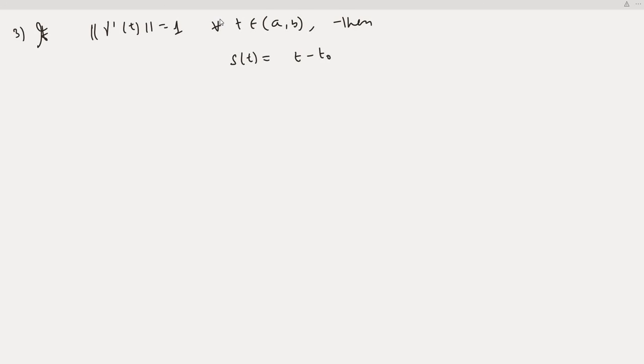Such a curve gamma is called parameterized by arc length.